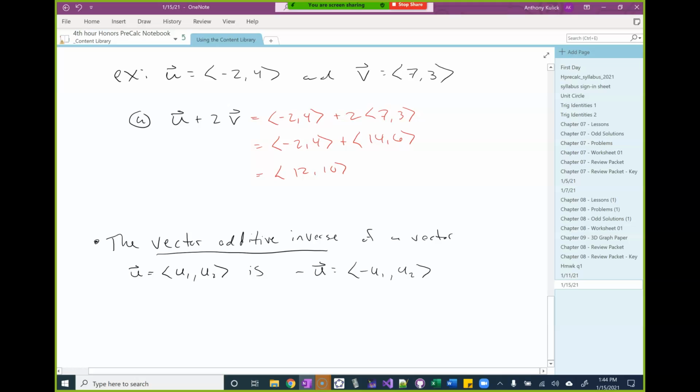So the vector additive inverse of, say, some vector u, we write as negative u. And as you might suspect, it's just the opposite components of the original vector u.